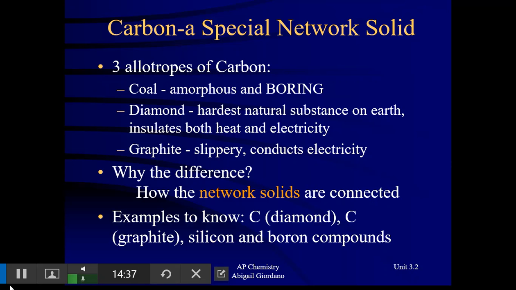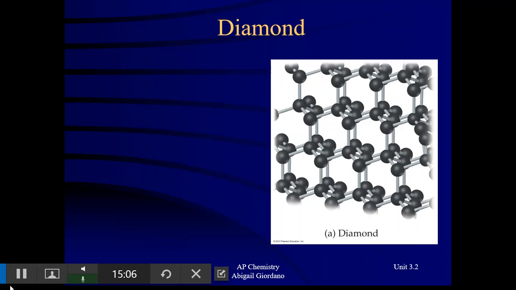Just before we move on, examples to know of some network solids. You need to know carbon diamond, carbon graphite, and very often compounds that involve silicon and boron, not necessarily together. Compounds that have silicon in them, compounds that have boron, those are very often network solids. Like silicon dioxide, that's quartz. So guys, microscopically, this is what a diamond looks like.